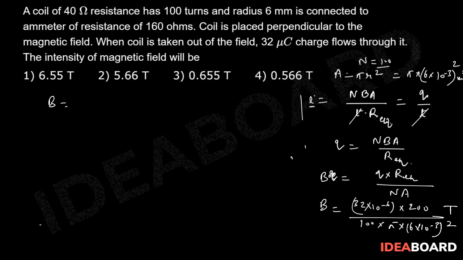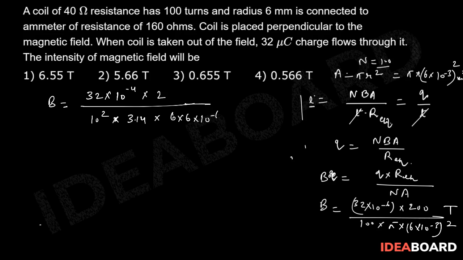So B will be equal to, let's say, 32 into 10 to the power minus 6 into 200, which is 2 into 10 to the power 2, divided by 10 to the power 2 into pi, or I can write 3.14, which is almost equal to 3.2, into 6 into 6 into 10 to the power minus 6.